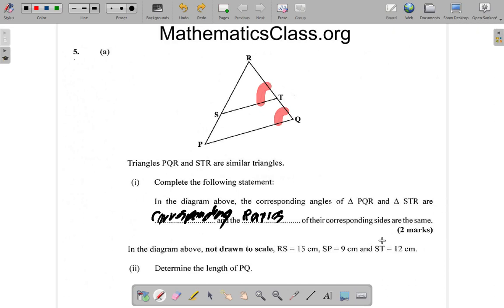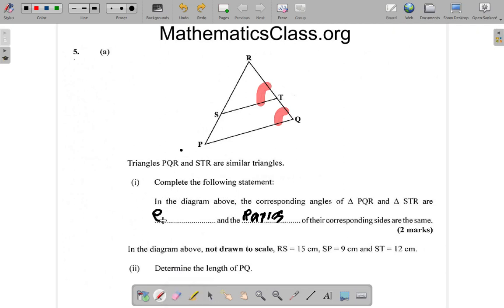So they are equal or corresponding. They are equal and the ratios of their corresponding sides are the same. So here, let's just stick with equal.